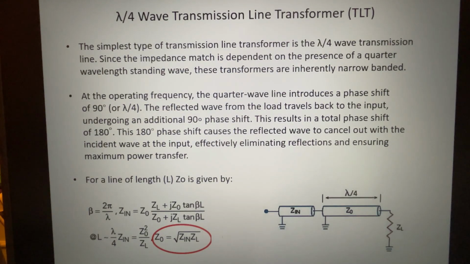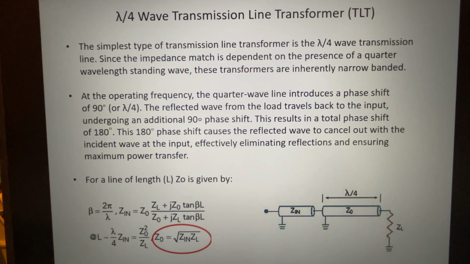So what does that do? The resulting 180-degree phase shift cancels out the reflected wave and ensures that we're achieving maximum power transfer. So that's how that works. We have a 90-degree phase shift at a quarter wave, another 90 degrees, and the two cancel each other out.